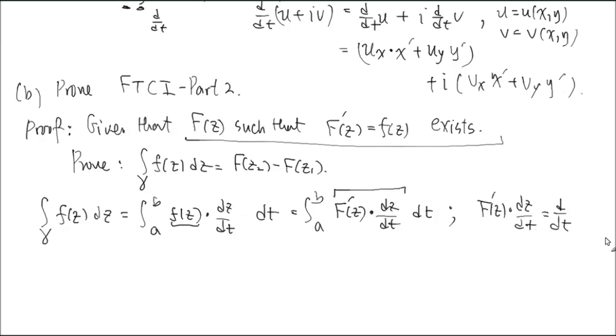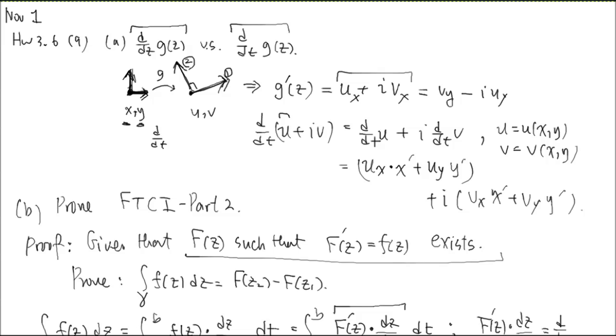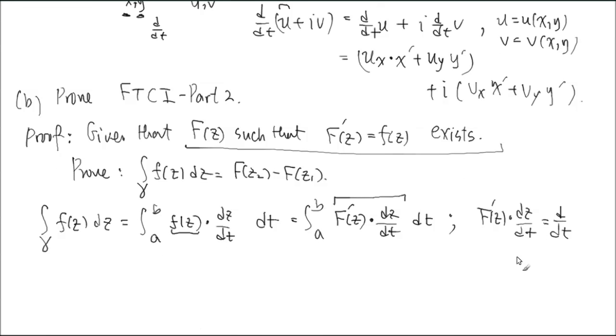What do you think? We're discussing two things. Differentiating a complex function with respect to z is simply called g prime of z. But if you differentiate a complex function with a parameterization, then that has a different meaning.